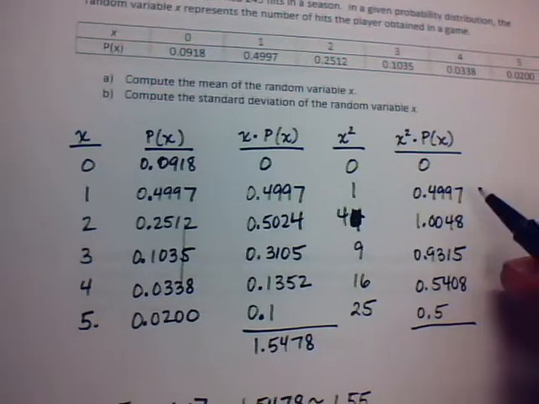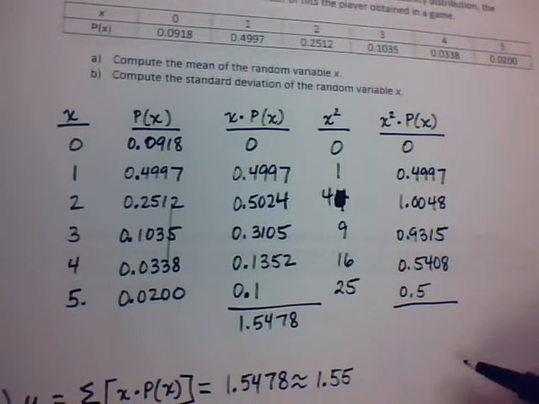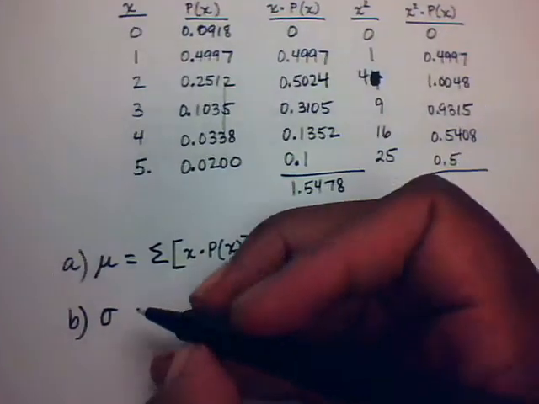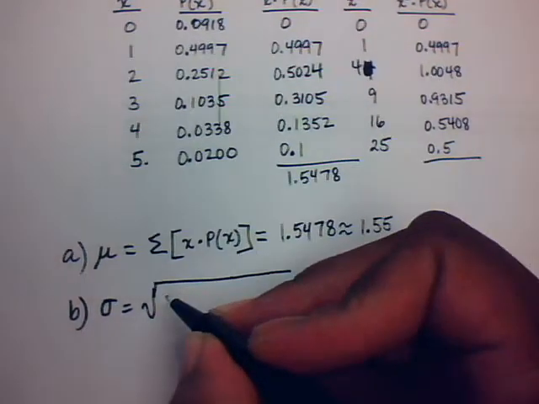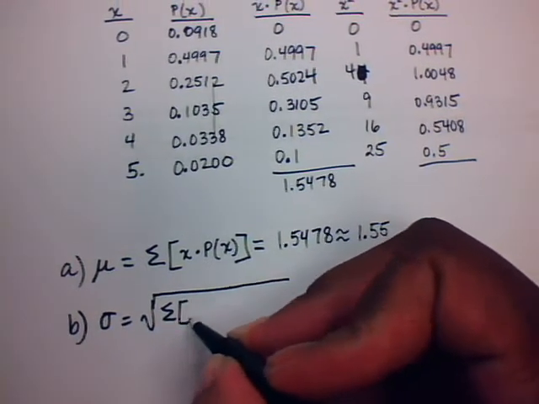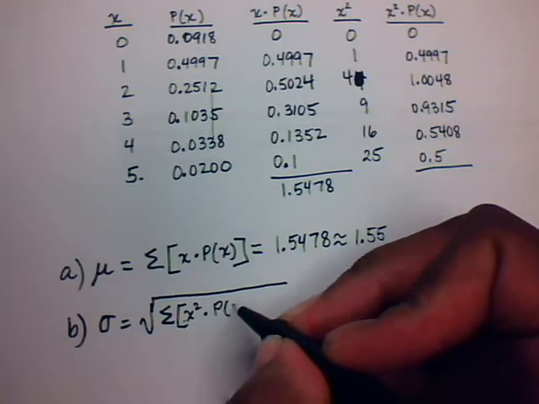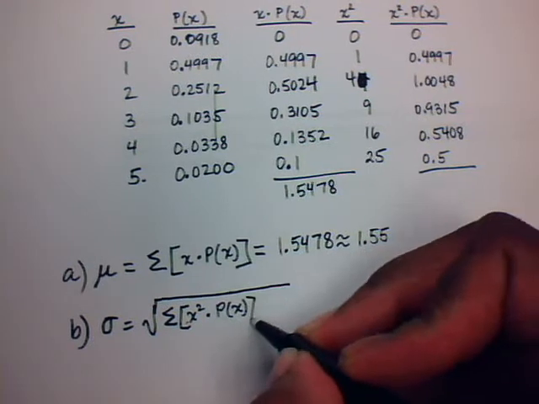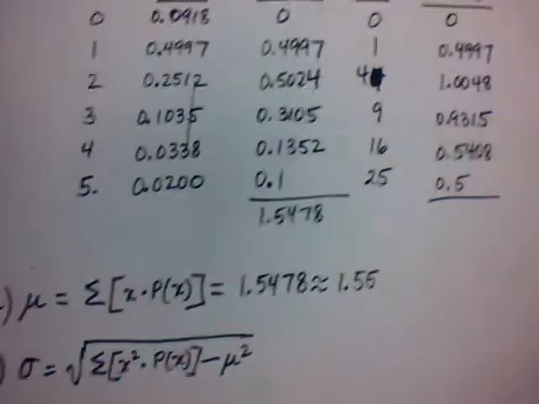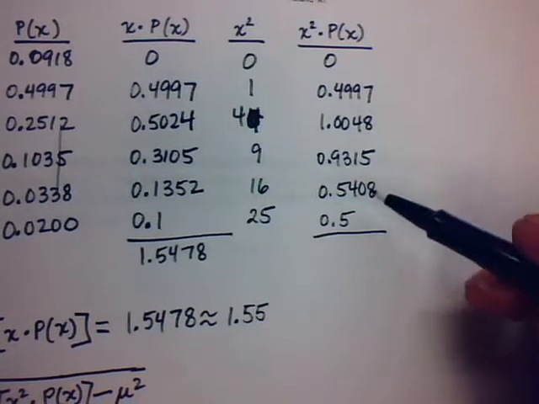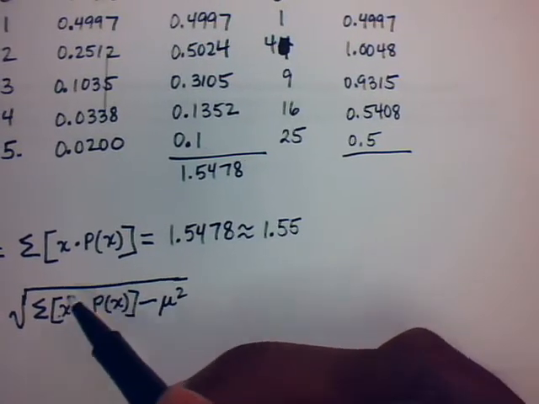Now I'm going to add this up, because part of the formula for finding the standard deviation is going to be this. But here's the entire formula: the summation of x squared times the probability of x, minus mu squared. So if I add this up, this sum will give me this part right here.